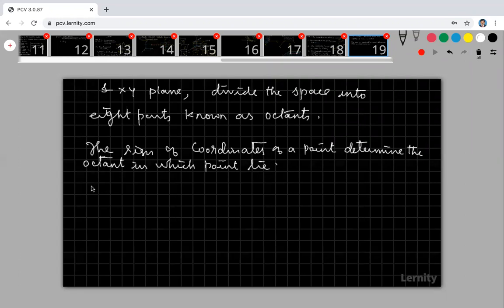Okay, so look at that, Kanna. Here I am going to take it as octant, and I'm going to take it as coordinates.